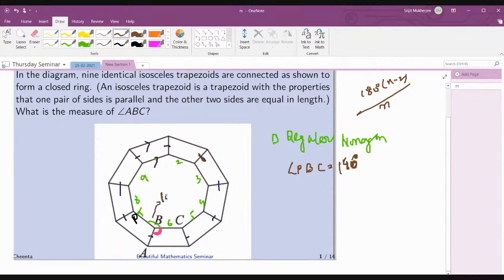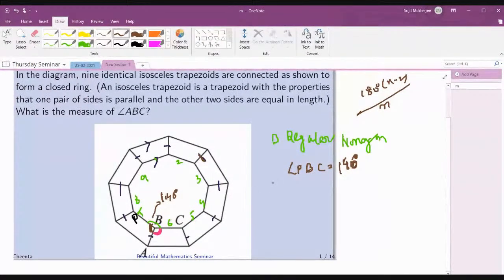Now, how can you find the angles of this isosceles trapezium? How do you really find this? These two are equal angles, okay? The brown angle and this angle are equal because it's an isosceles trapezium and they're identical, congruent.